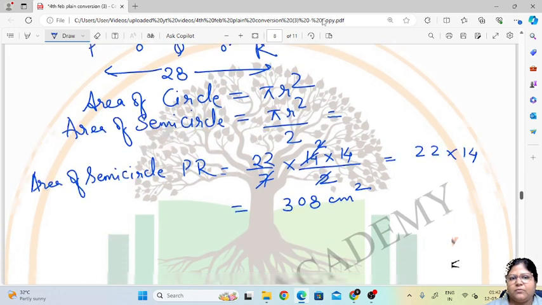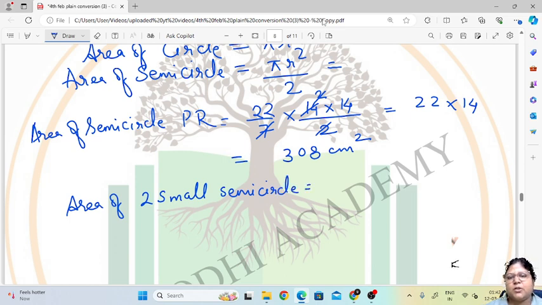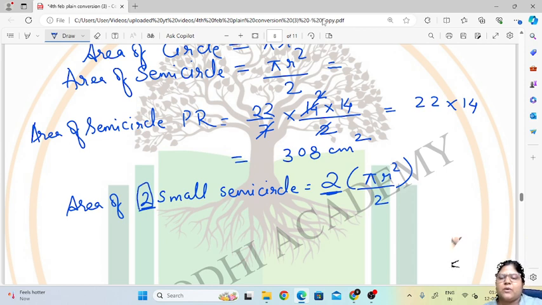Now, area of the two small semicircles. So that is 2 multiplied by pi r square divided by 2. 2 why? This 2 is because there are two small semicircles. Pi r square upon 2 is because the area of a semicircle is this formula.